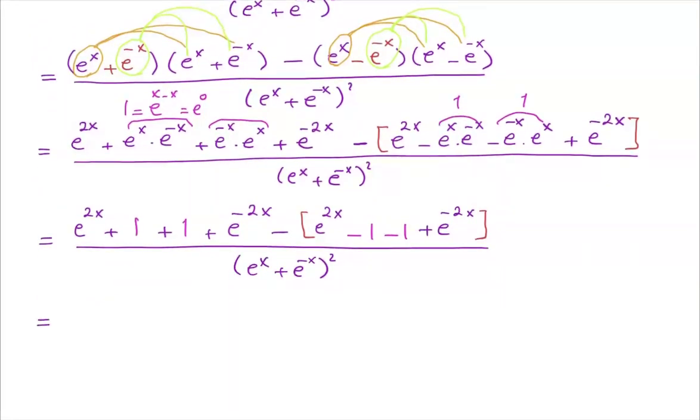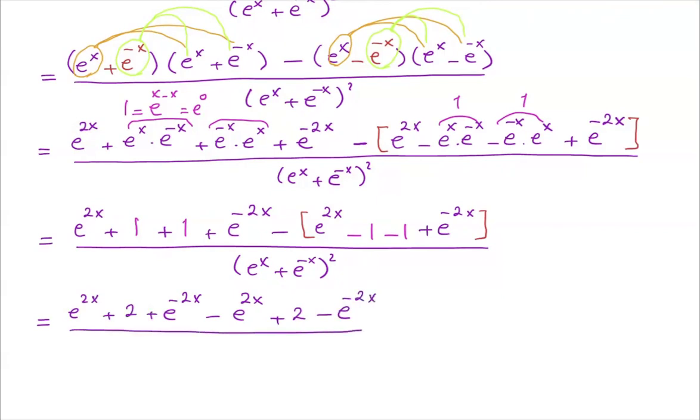This in turn is equal to e to 2x plus 2 plus e to the power minus 2x, minus e to the power 2x, and these 2s have a negative sign in front of them, so you get another 2, minus e to the power minus 2x, divided by e to the x plus e to the power minus x, to the second power.